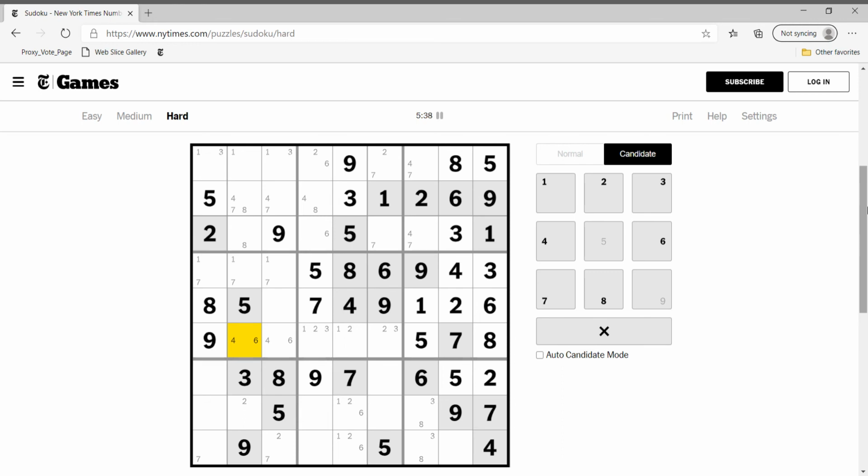And now, well, let's see, what else do we know? So this cell, I'm just looking to see, first of all, this cell right here is 1, right? So it can't be 1 here.